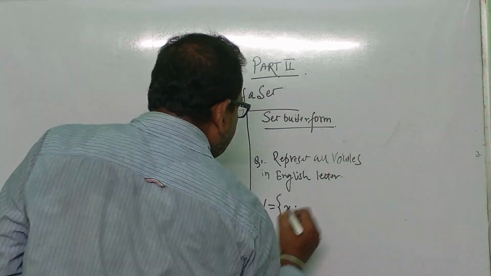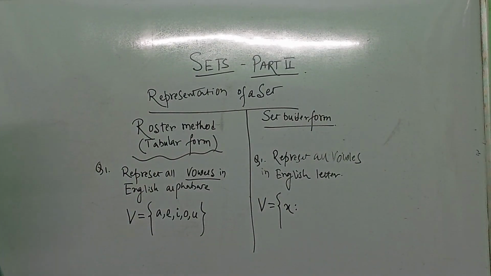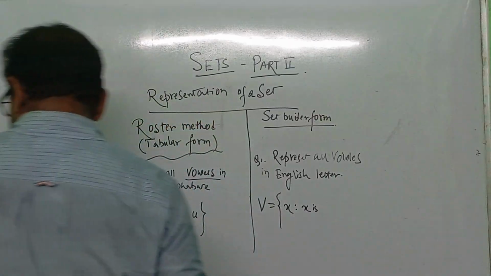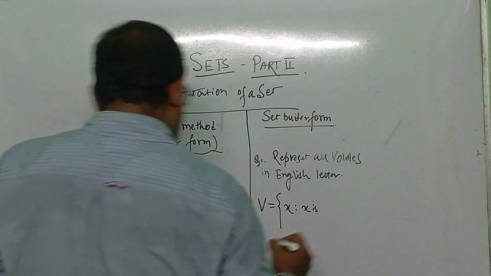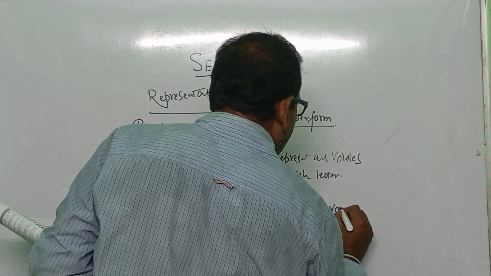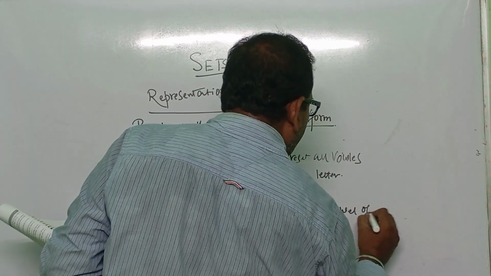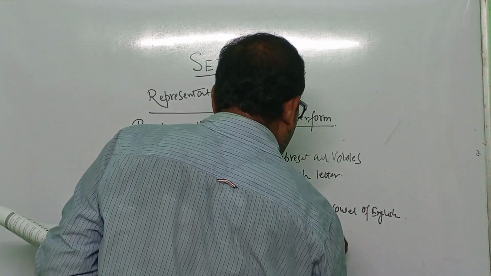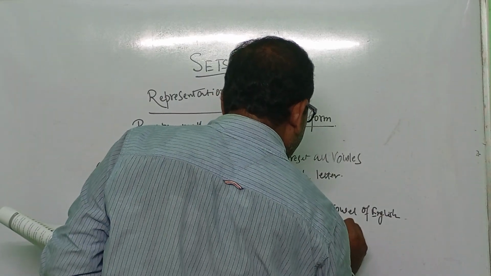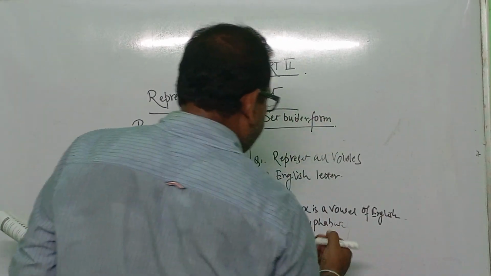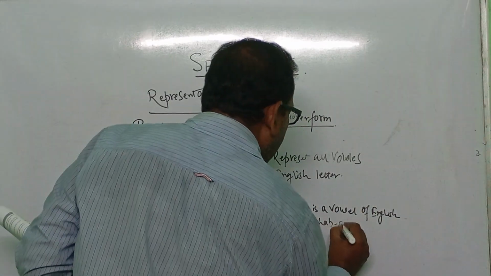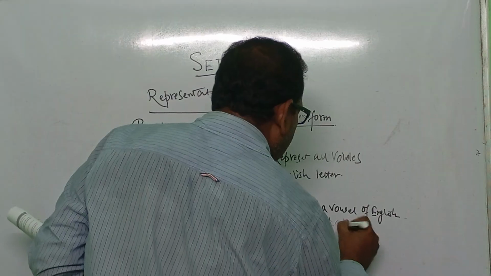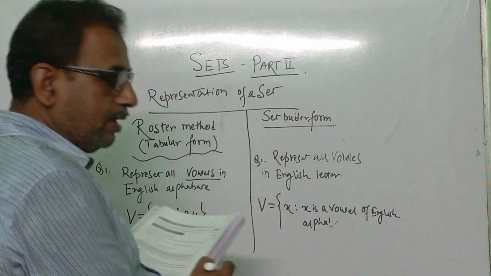X is the element where X is a vowel of the English alphabet.